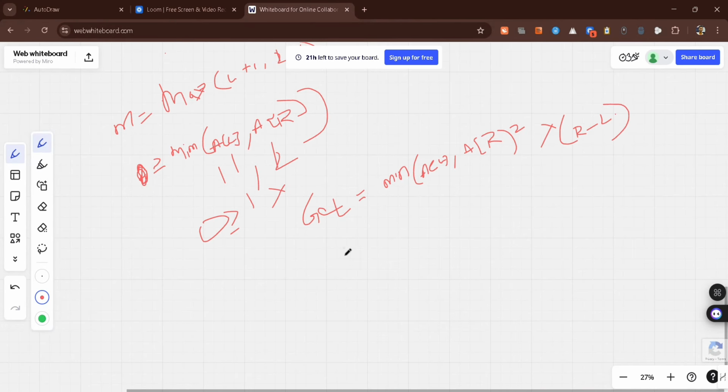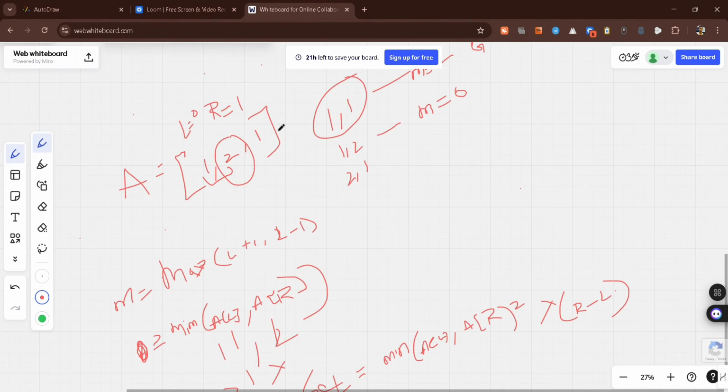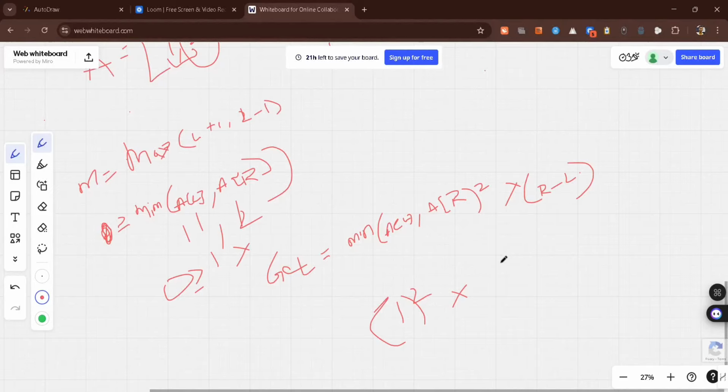Now let's find the get value. Min of A of L comma A of R. What is the minimum of 1 comma 2? 1. So 1 square into, what is the R value? Here the R value is equal to 1, right?